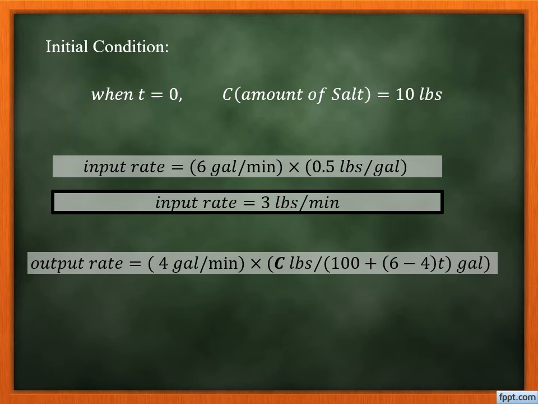So it is given that the flow rate is 4 gallons per minute. But what about the concentration? So in the output rate, we are not actually given the exact amount. We are just given the conditions. So the condition is there is fluid flowing out of the container, and it is a well mixture.